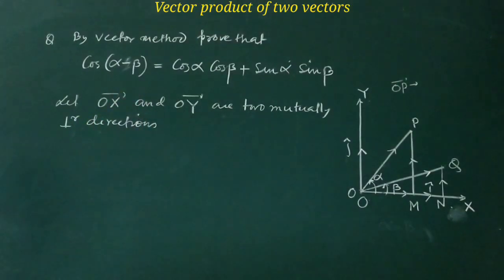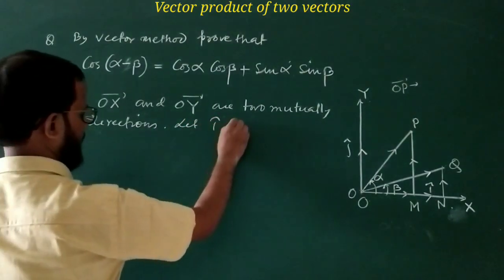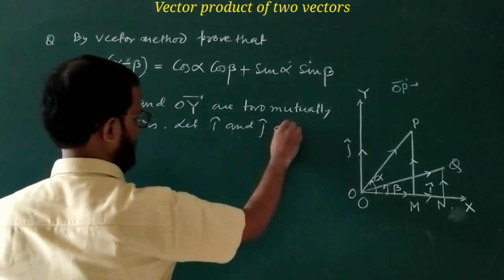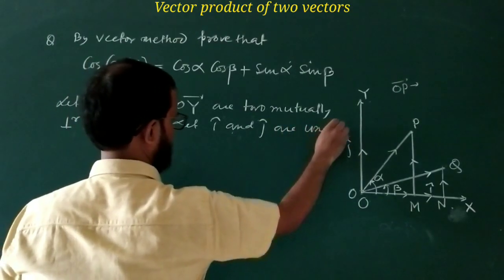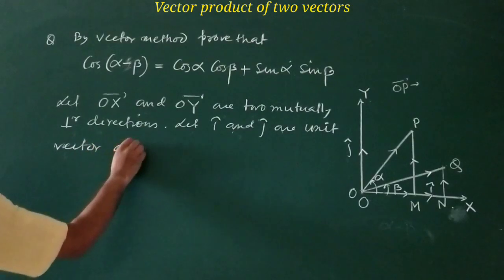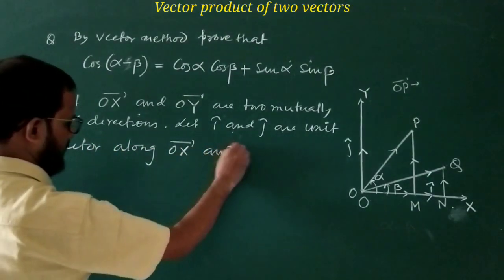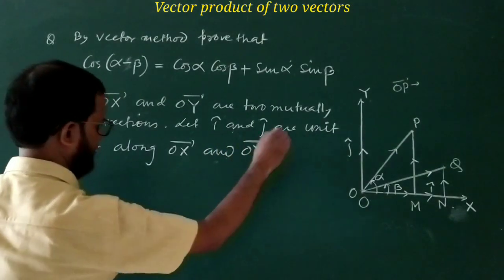Direction means we are telling vector. And let i cap and j cap be unit vectors along OX and OY.